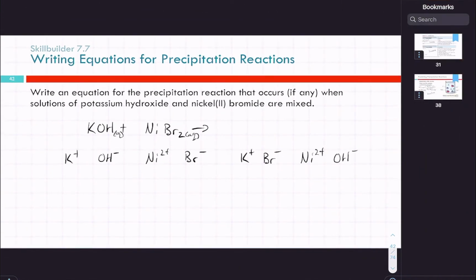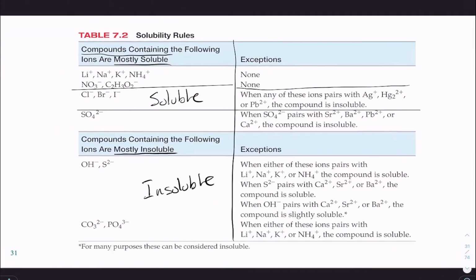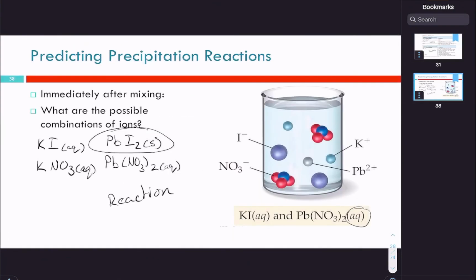So now we can look at these pairs and see potassium bromide. We actually saw potassium is always soluble. Nickel hydroxide, however, find hydroxide. So hydroxide compounds are mostly insoluble. And then nickel is not on the list of exceptions. So nickel hydroxide will be insoluble.